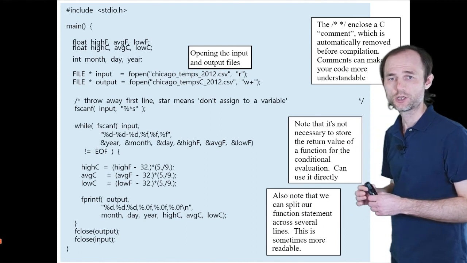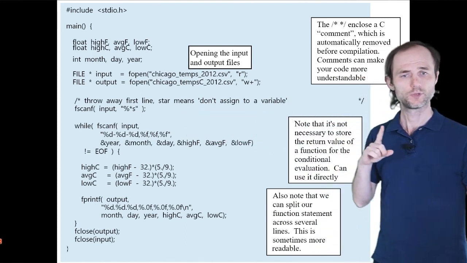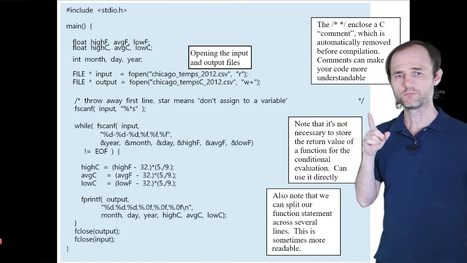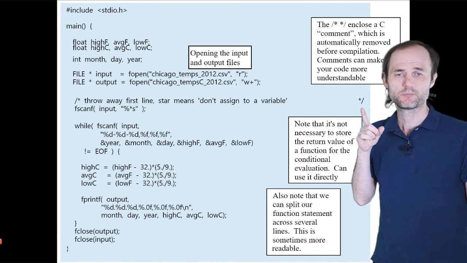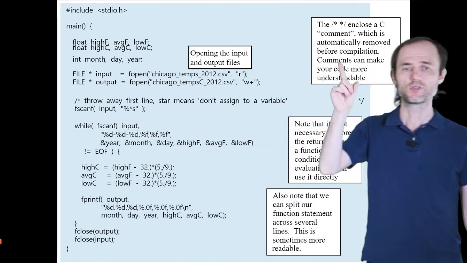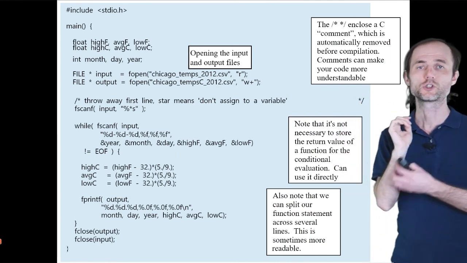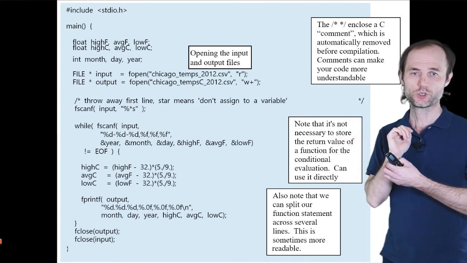So here you can notice that we use these kind of weird brackets, slash star. This sort of brackets, they enclose comments in the C language.